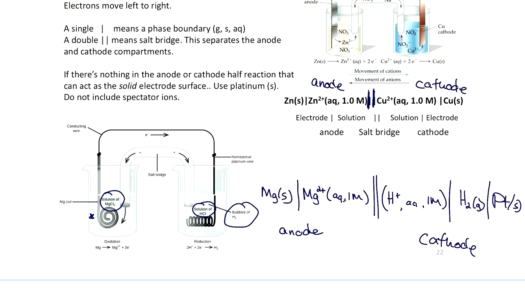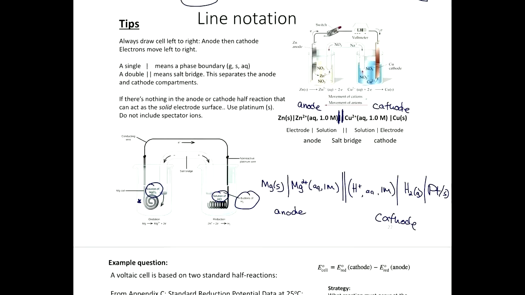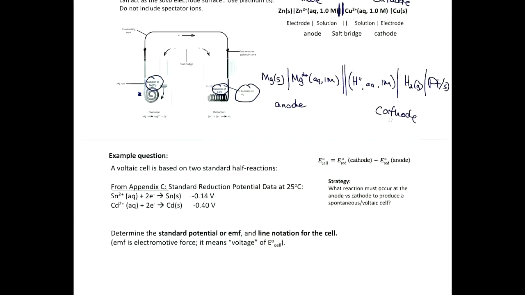If things are in the same phase, then you don't need that phase boundary line, but everything is sandwiched between the two electrodes. So in this case, our anode electrode is magnesium, and for our cathode, it has to be platinum because you can't put an alligator clip on a gas, but you use a metal instead. So when gases are involved, typically platinum is our electrode. All right, so that is line notation.